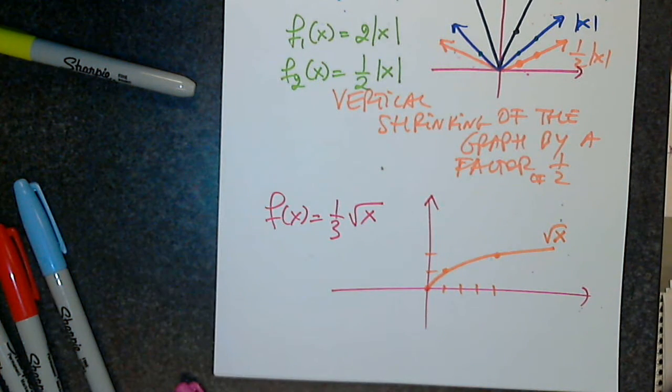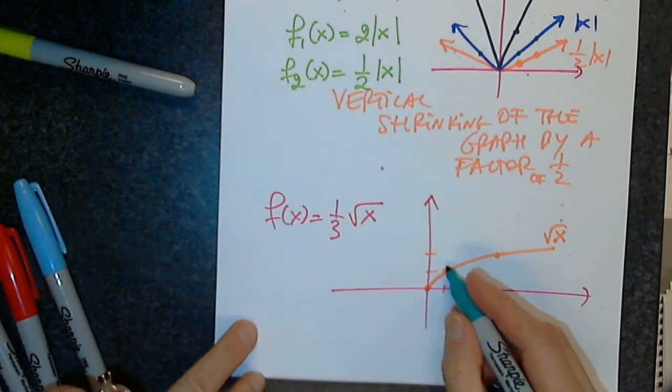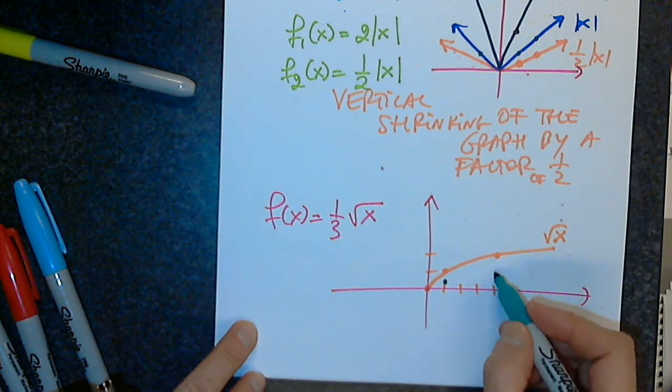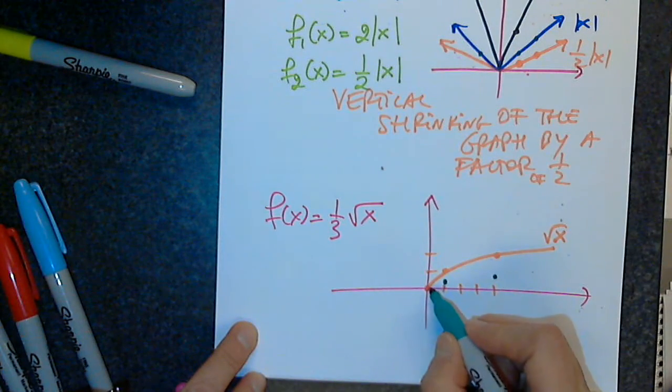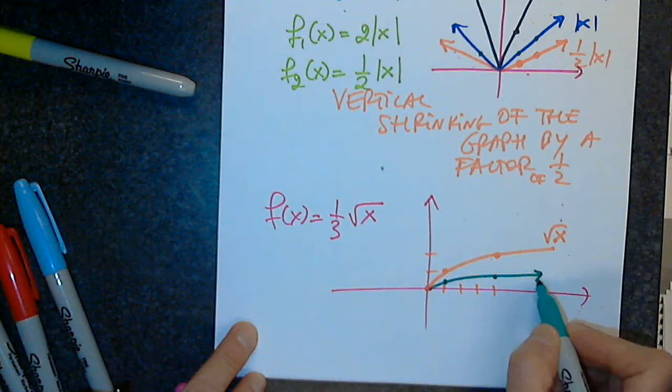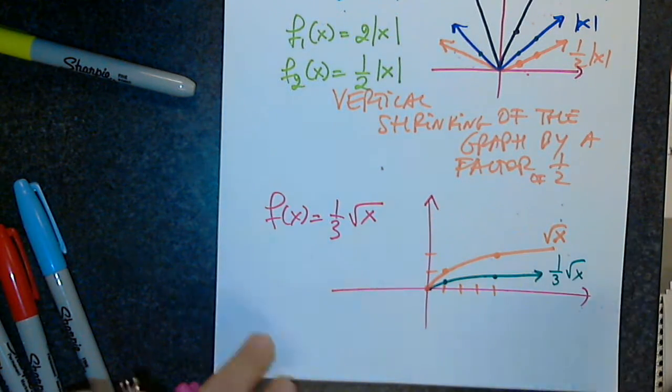How will I graph 1/3 the square root of x? What should I do to all y values? Divide them by 3, that's it. So this divided by 3 is here. This divided by 3 is here. And so on and so forth. This is the graph of 1/3 the square root of x.